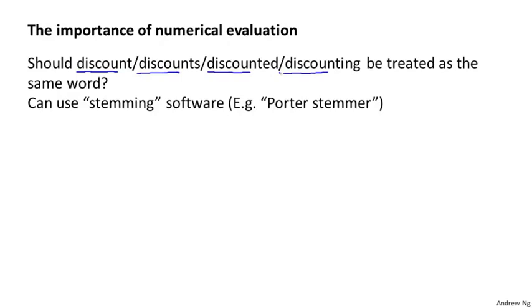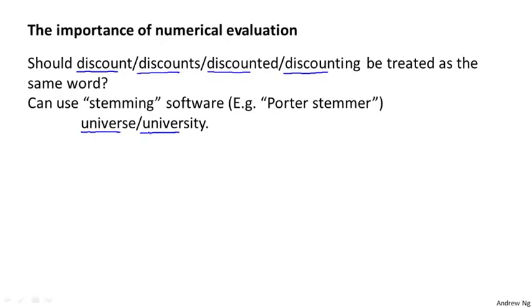But using stemming software that basically looks at the first few letters of a word, more or less, can help but it can hurt. And it can hurt because, for example, the software may mistake the words universe and university as being the same thing because these two words start off with the same letters.